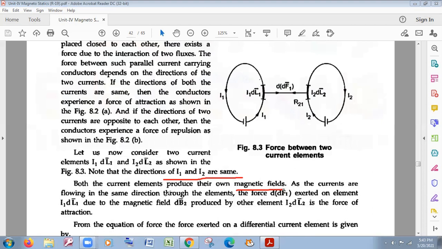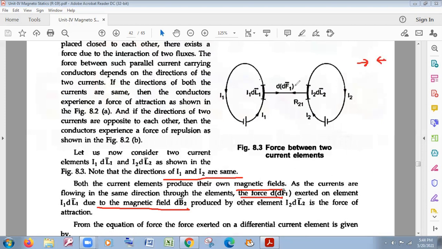As the currents are flowing in the same direction through the elements, the differential force dF1 bar is exerted on the element I1 dL1 bar due to the magnetic field, the differential magnetic flux density dB2 bar, and due to this a force is exerted on the second. Because the same direction means the force is attraction.